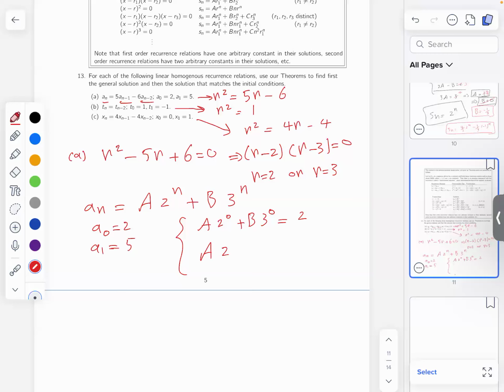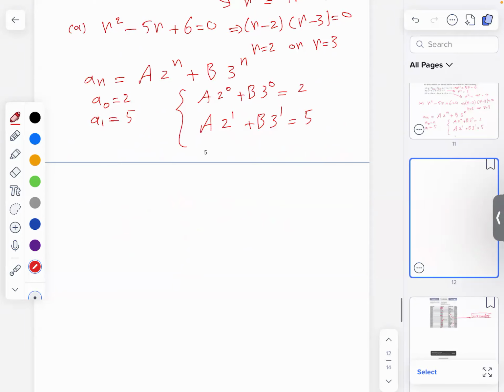A times 2 power 1 plus B times 3 power 1 equals 5. So A plus B equals 2, and 2A plus 3B equals 5.